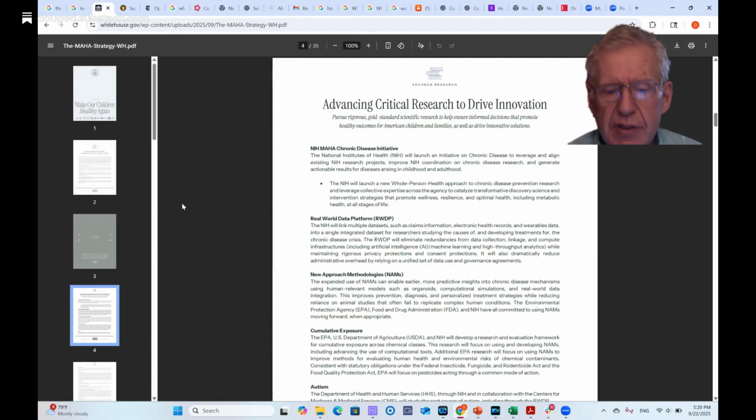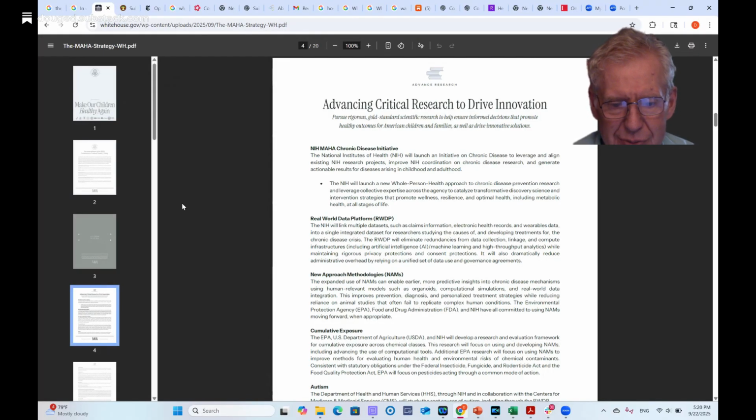They're proposing that the NIH will link multiple data sets, such as claims information, electronic health records, and wearables data, into a single integrated data set for researchers studying the causes of and developing treatments for the chronic disease crisis.